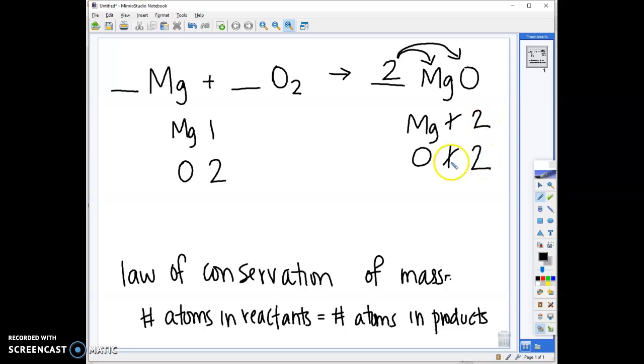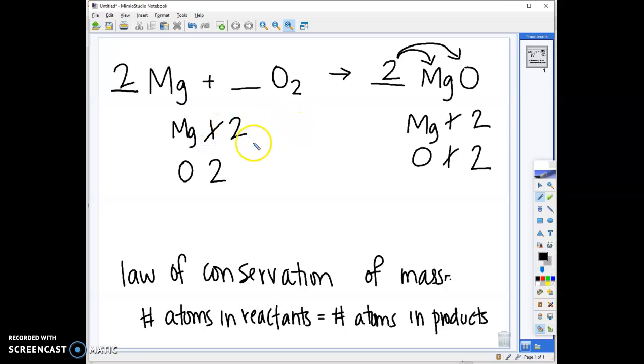So now my oxygens are balanced. I have 2 on my reactant side, 2 on my product side. But now I've upset the balance with magnesium. I've got 2 now on my product side and only 1 over here on my reactant side. So I need to go up here and add a 2 as a coefficient in front of this magnesium.